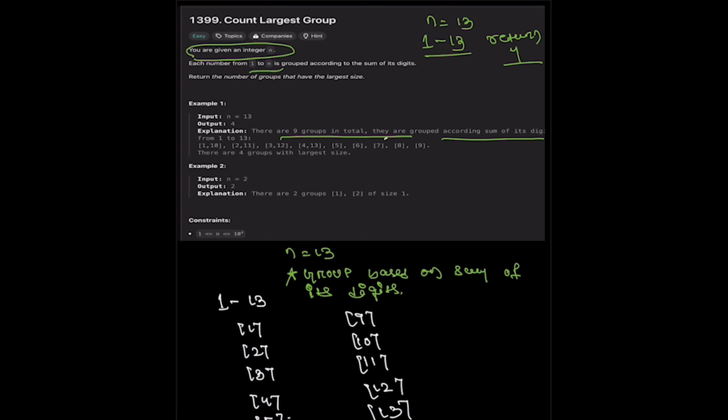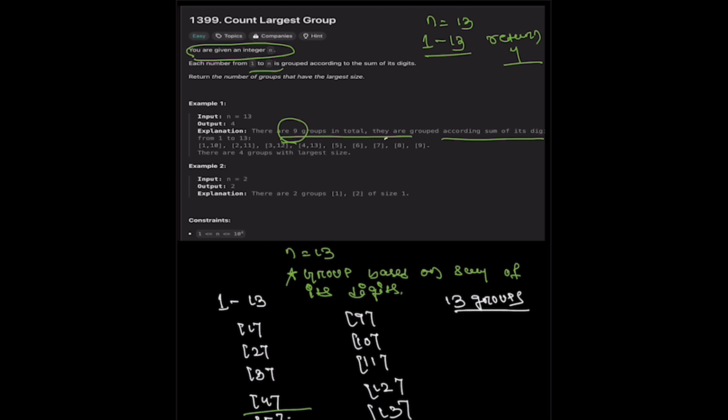Now we get 13 groups, but in the question it's declared that there are 9 groups. So we have to find out how we get the 9 groups.